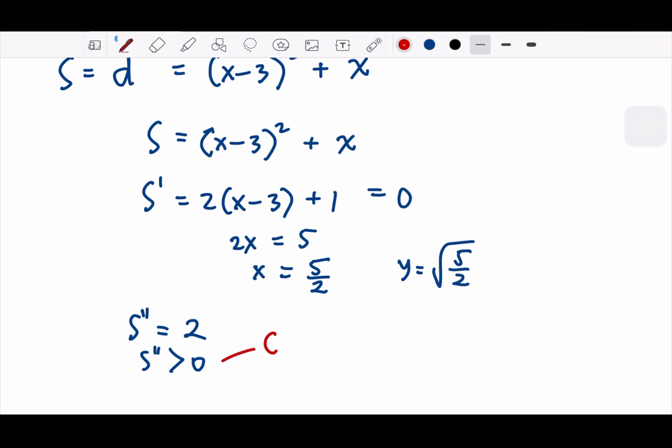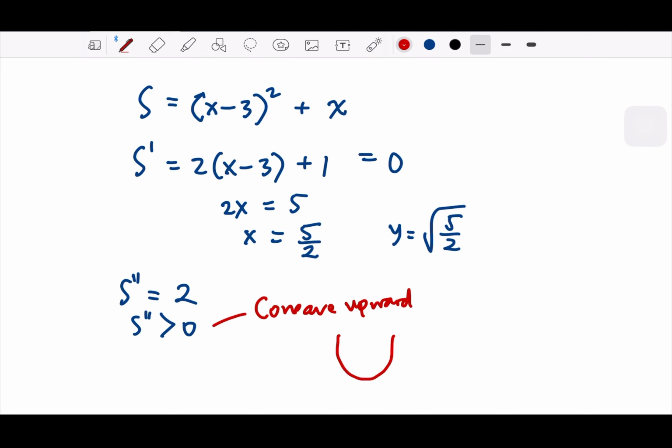Positive means concave upwards, right? Why do we have to do the second derivative? This is just to check whether it's the minimum or not, because we want the closest. So if you don't want to use the interval, you can differentiate one more time and check the concavity. You can also do that.